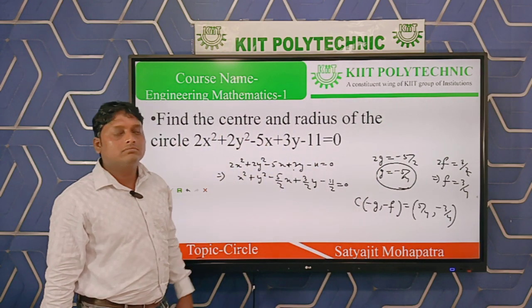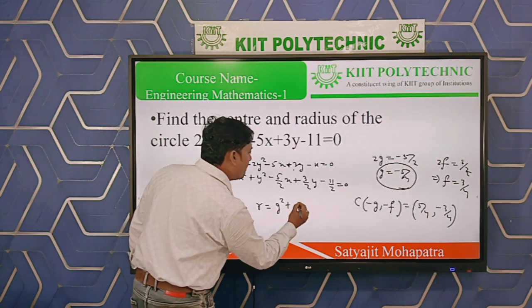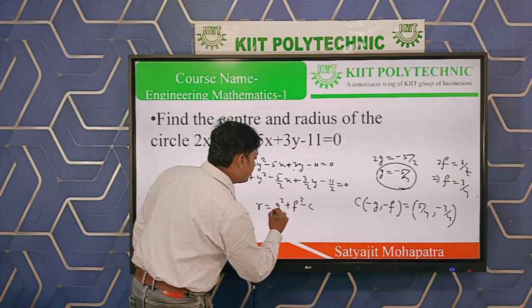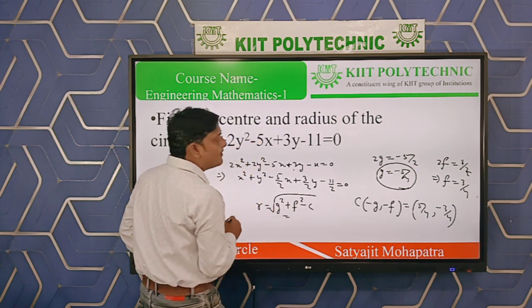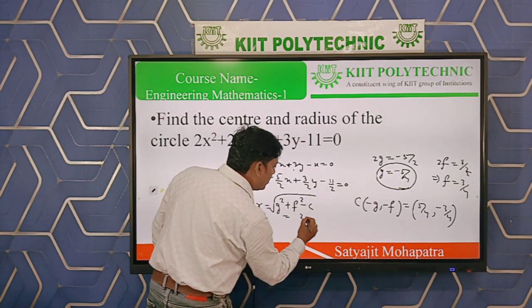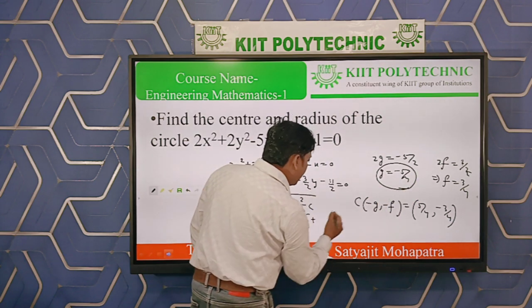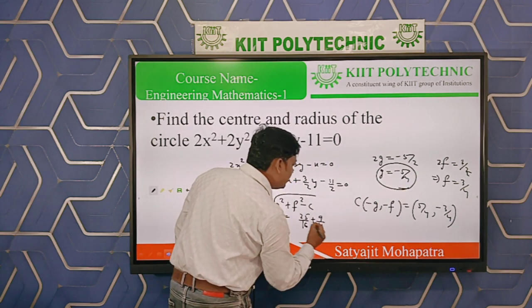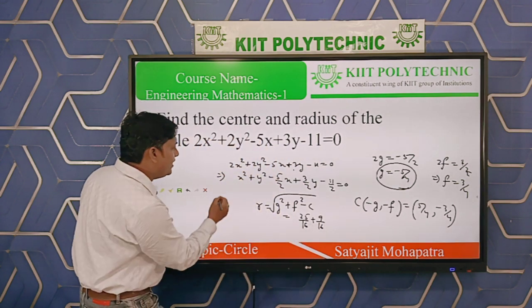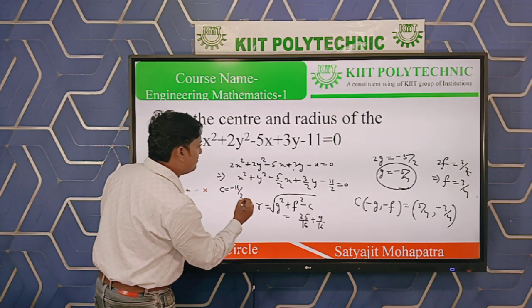Center we got. Then we are asked to find the radius. Radius formula, see. Then g will put over there. Its square 25 by 16. f square, 3 by 4 square, 9 by 16. Then what is c here? C's value, all of you see, that is minus 11 by 2.